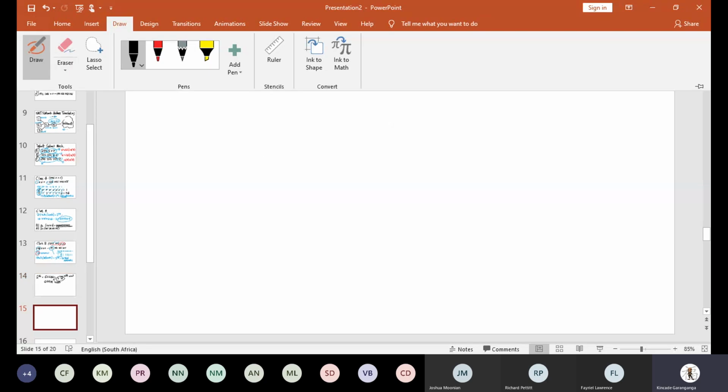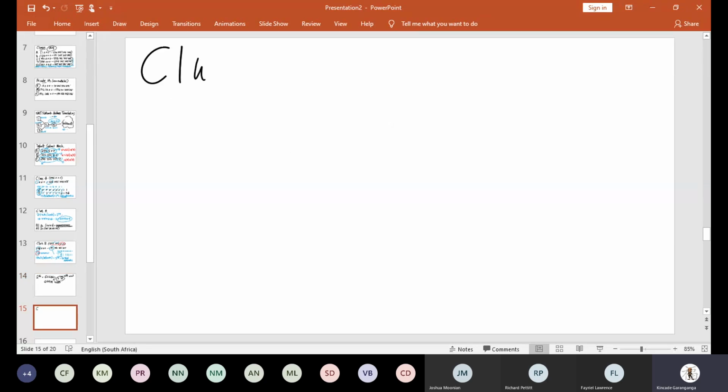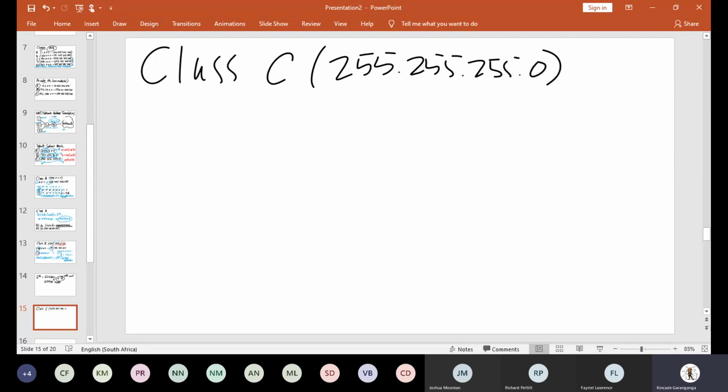And then if you look at class C, on the other hand, remember class C, we said that the default mask is 255.255.255.0.